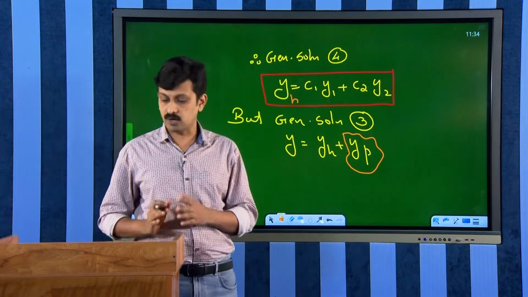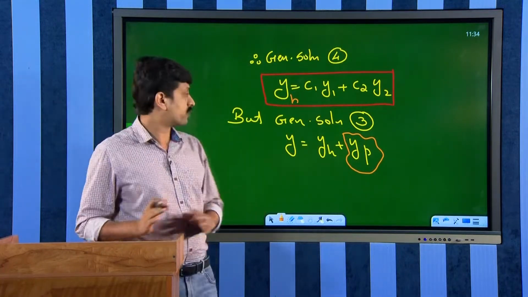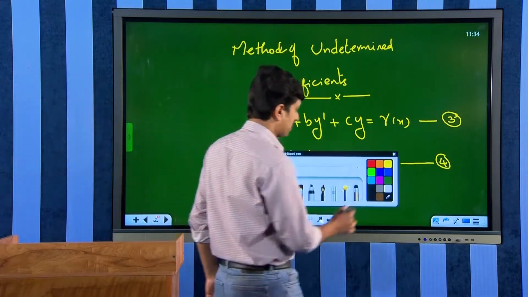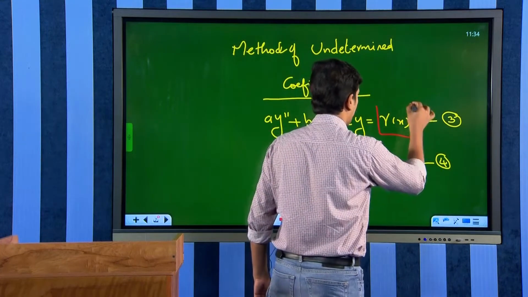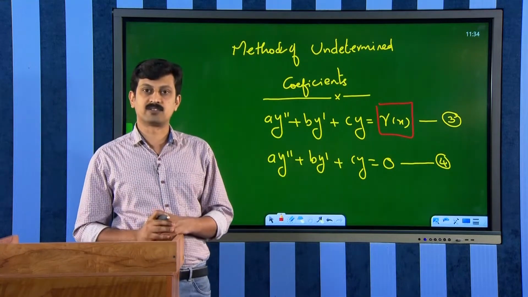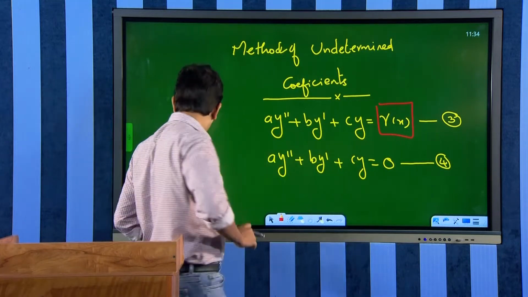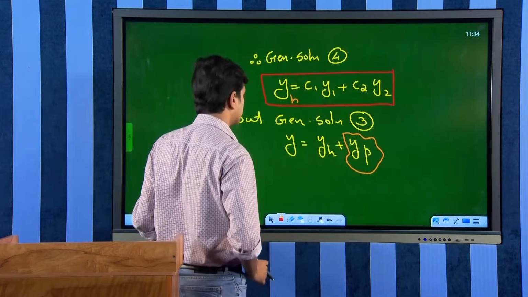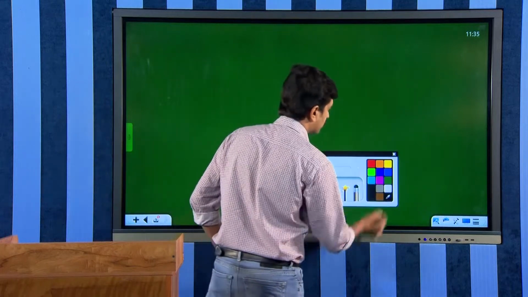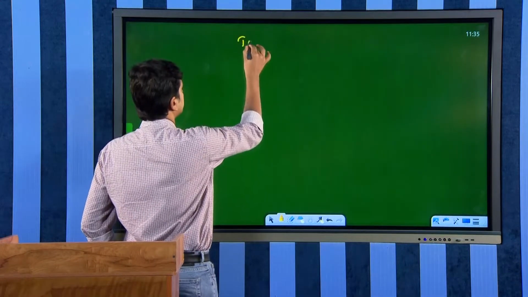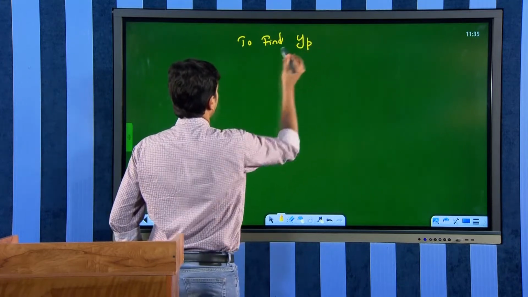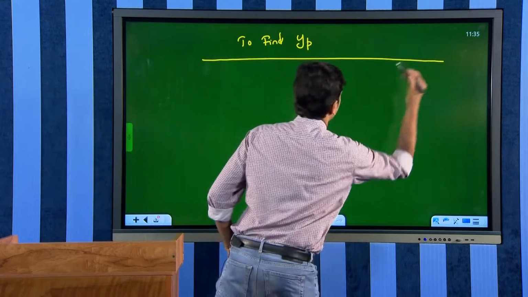So, I would like to draw a table of yp for the corresponding value of r of x. Here r of x is a hero that creates the non-homogeneous linear differential equation. Based on the choice of r of x, to find the particular solution yp, we use this table.